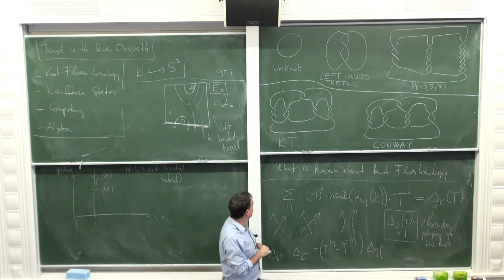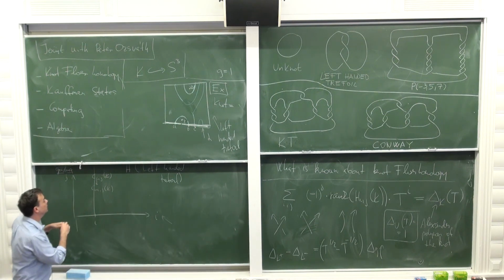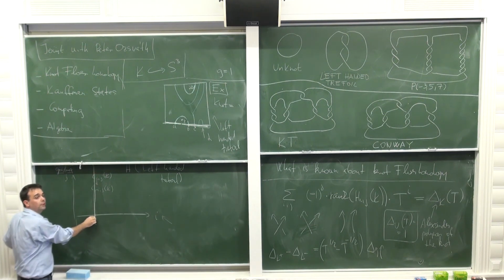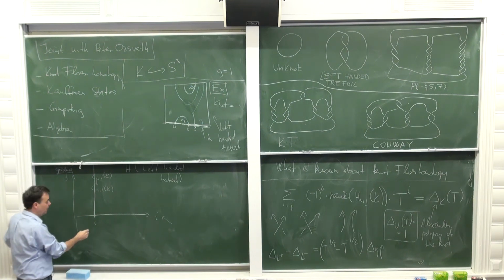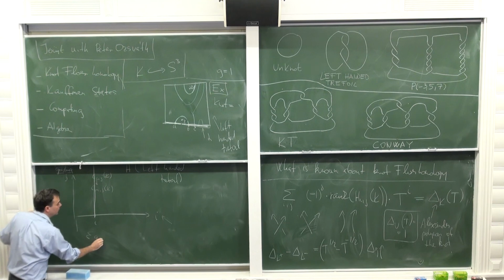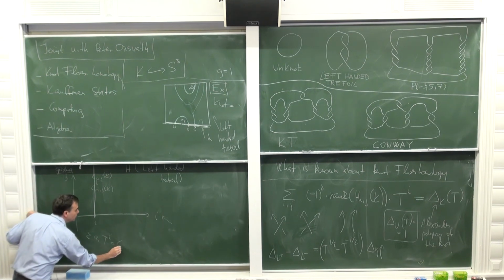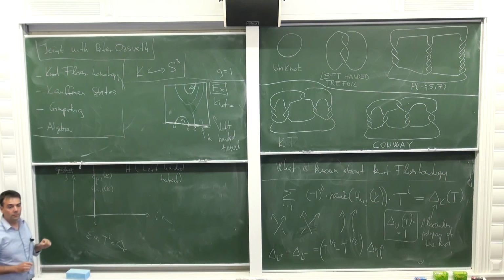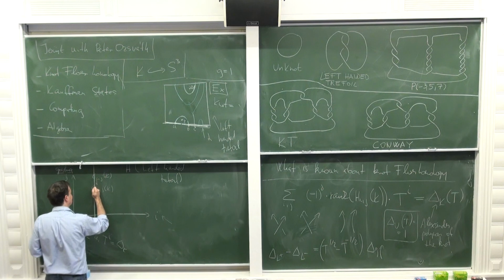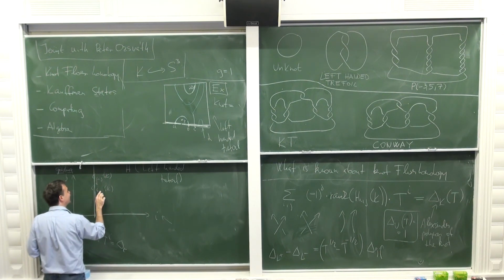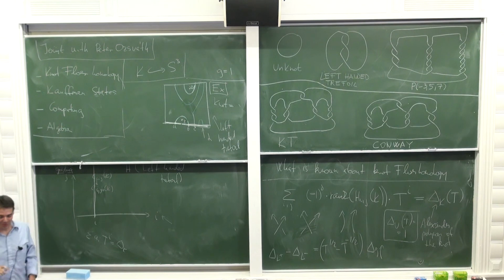So that statement is the same as taking the Euler characteristic of each of these lines, calling them a_i, and then taking the sum of this Euler characteristic times t to the i, which is equal to the Alexander polynomial. We only do j and i. I don't do the last one.